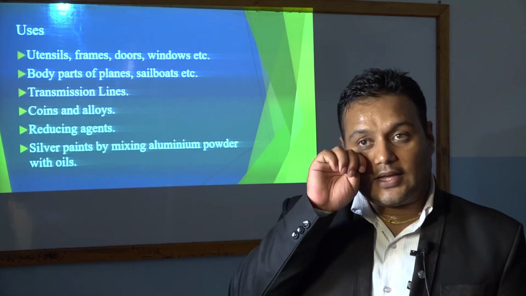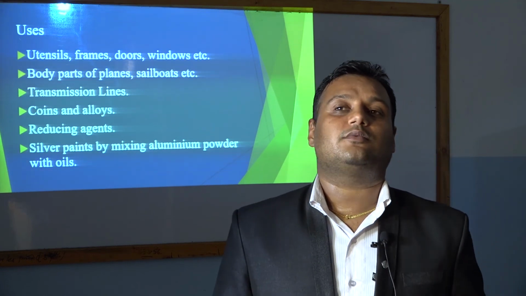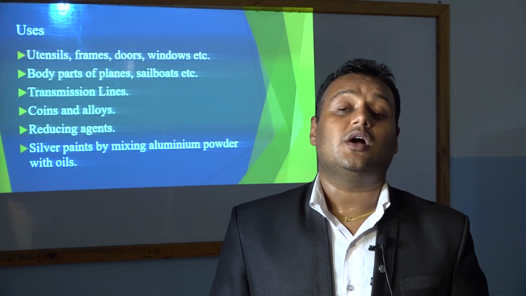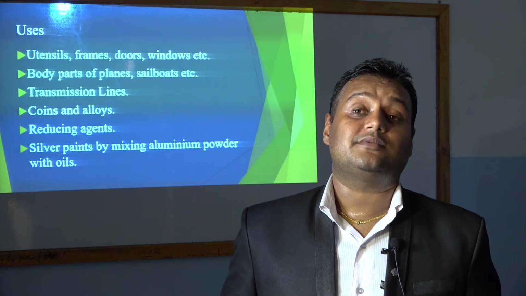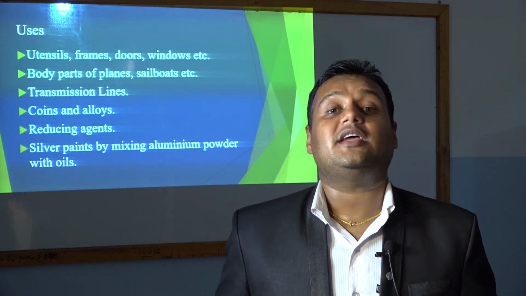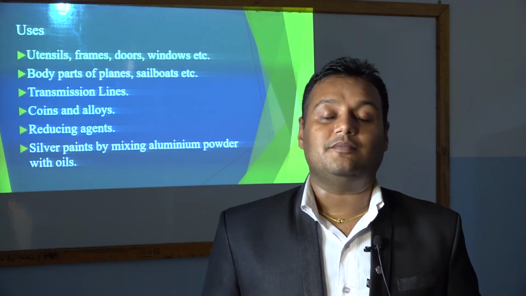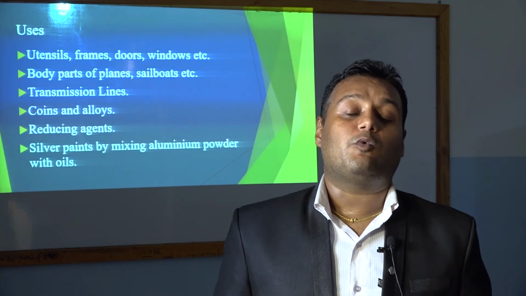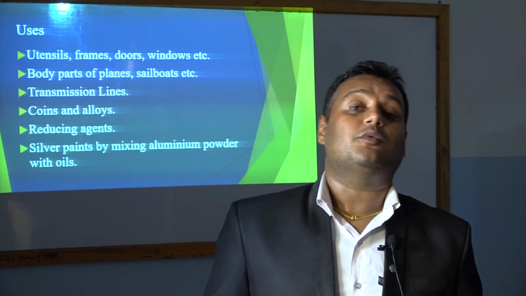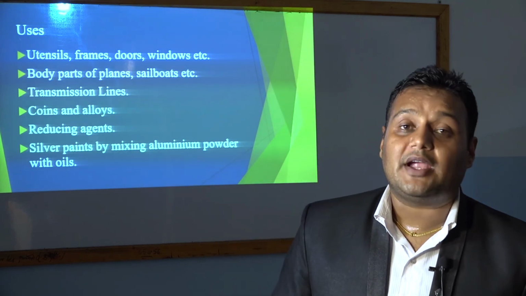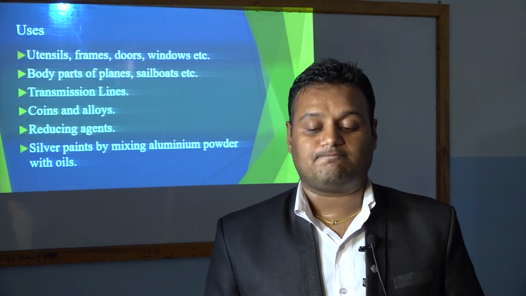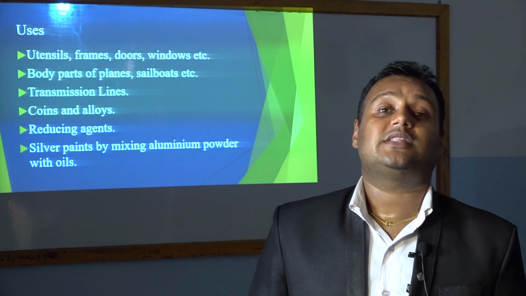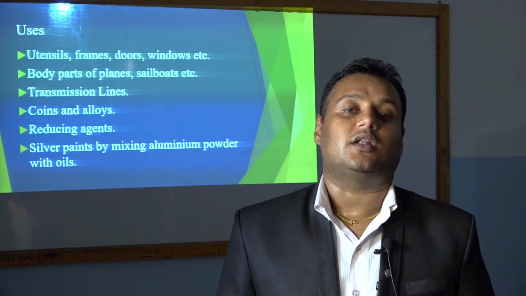When people used to color their windows, that gives a silvery color, which is made by mixing aluminum powder with oil. After mixing aluminum powder with oil, we get a silvery color which is durable and better and more advantageous than other forms of color.